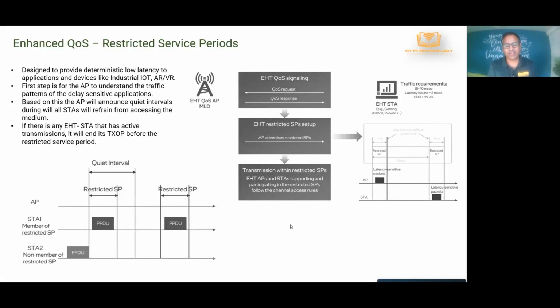So anyone who's not part of the restricted service period has to stop when it starts, so that only the members can transmit during that time frame. This gives devices that require deterministic slots the ability to transmit and reduces latency. So there are enhanced QoS methods available as part of Wi-Fi 7.